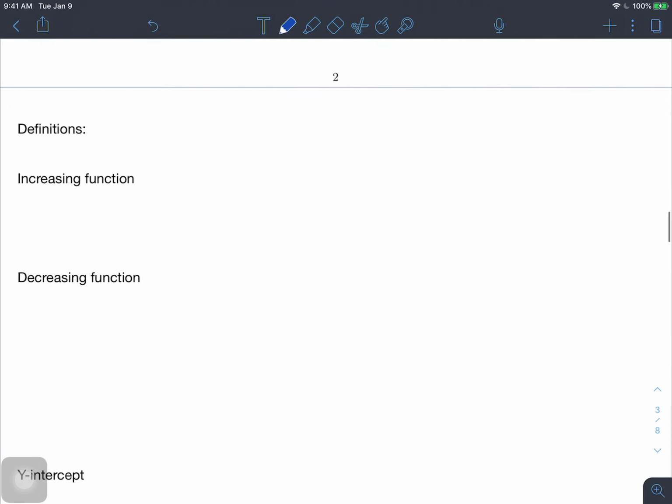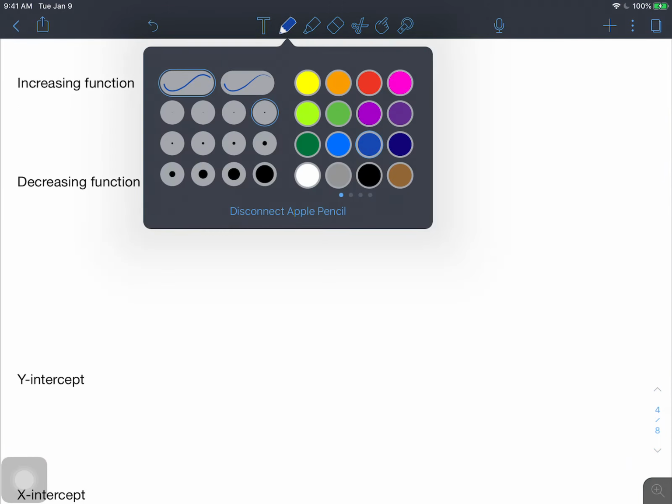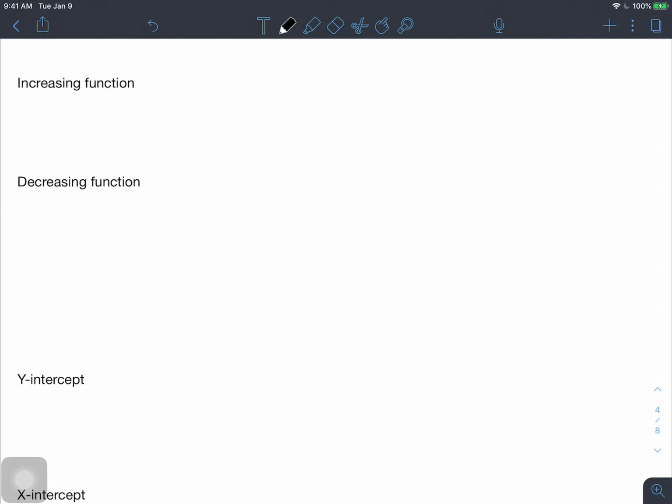All right, so we're going to talk about an increasing function and a decreasing function. I'm going to give you these definitions really quick. A function is increasing if, whenever x2 is bigger than x1, we have that f of x2 is going to be bigger than f of x1.